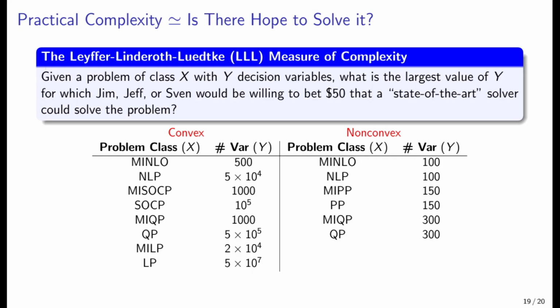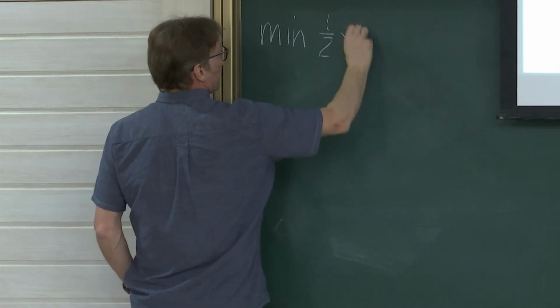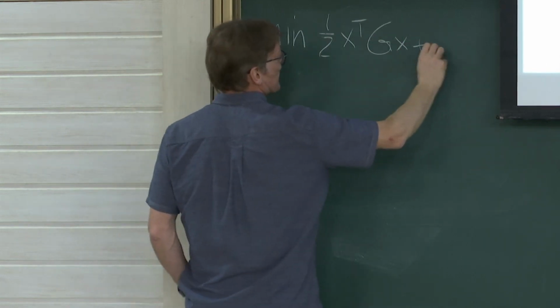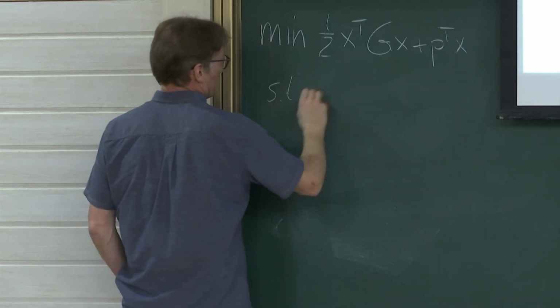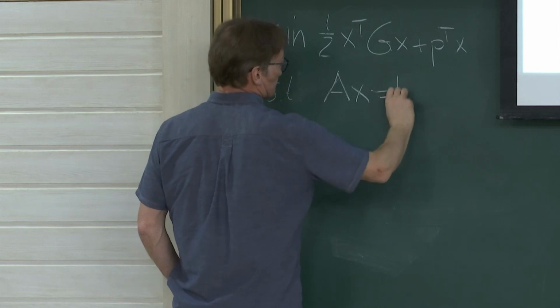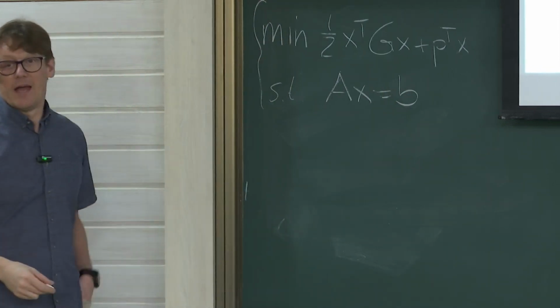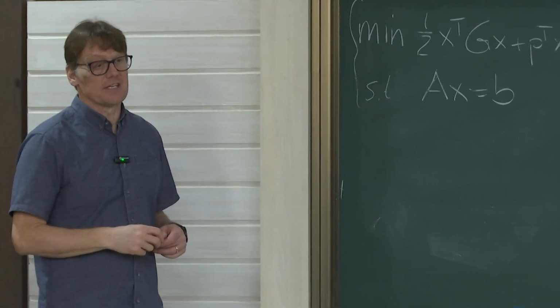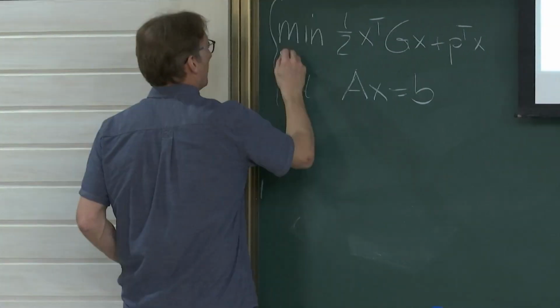Like if you only have equality constraints, so if you have a very specific QP, I'm going to write this here on the board. Minimize half x transpose Gx plus p transpose x subject to Ax equals b, then this is a very easy problem. And you can solve very, very large instances of this problem. There are no inequalities.